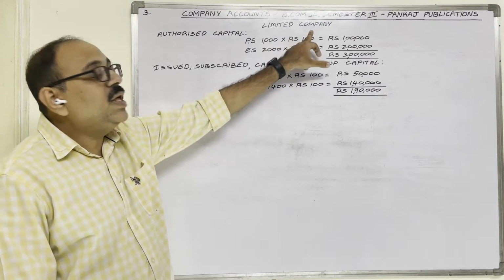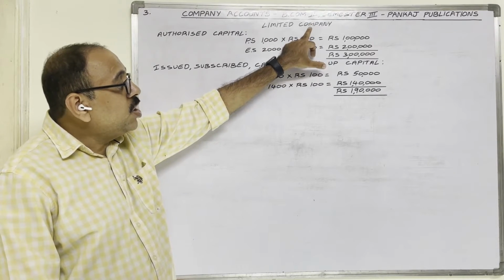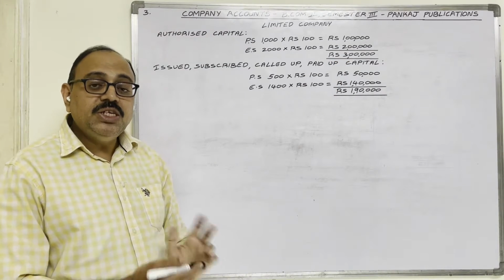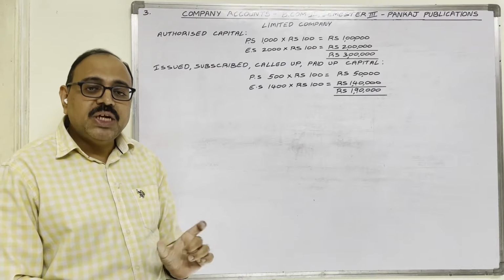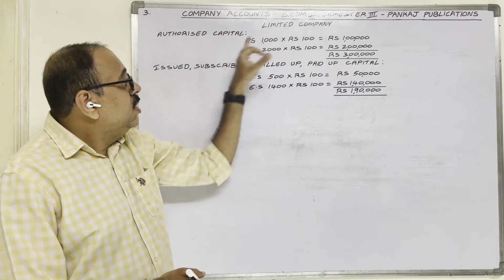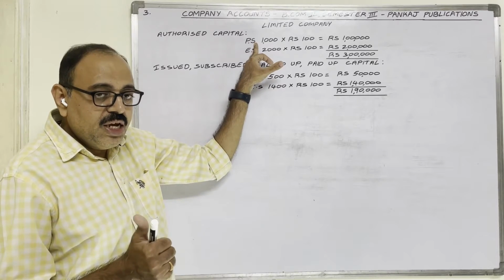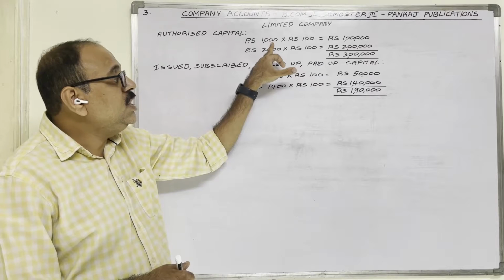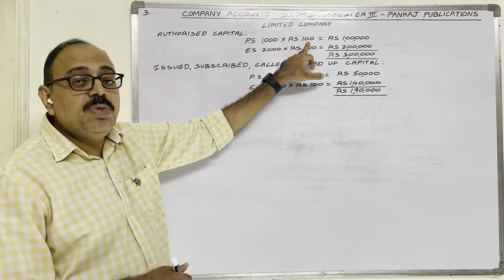There is one limited company. The company wants to collect 3 lakh rupees from the public by selling shares. So the company's share capital is 3 lakh rupees. In this, the company wants to sell preference shares and equity shares, both. Preference shares, 1000 shares at the rate of 100 rupees each.